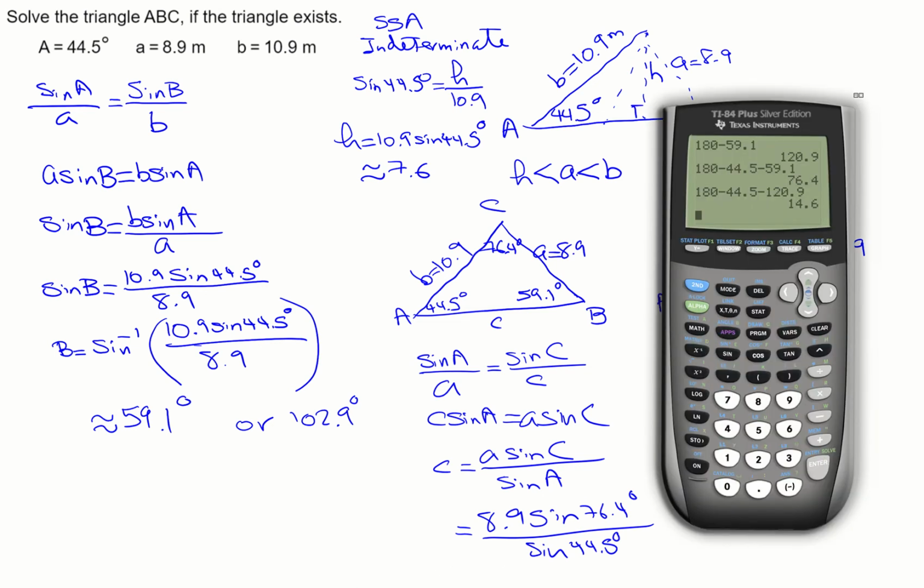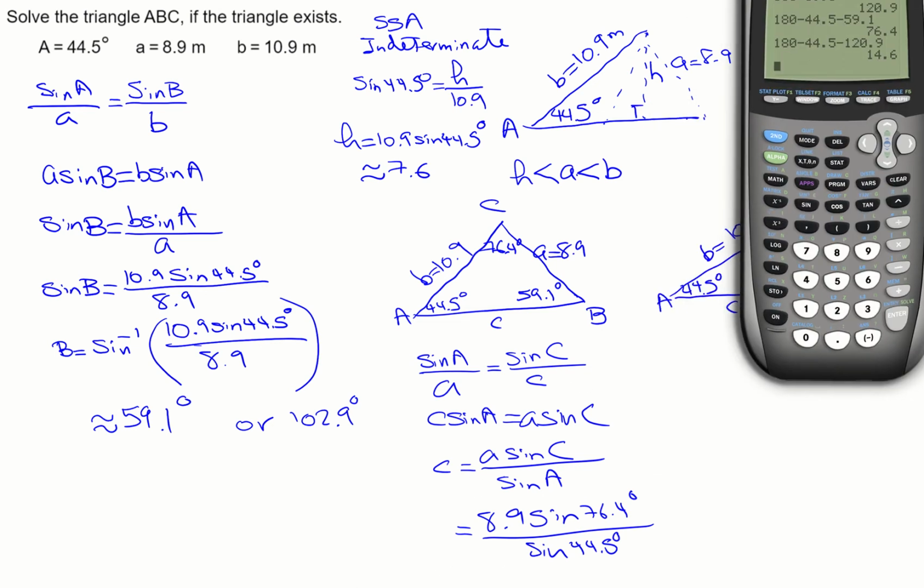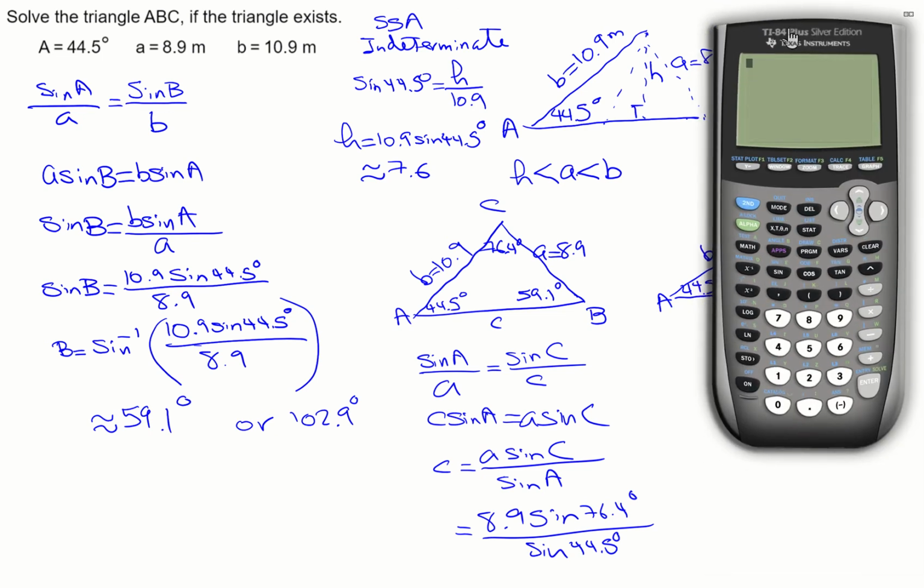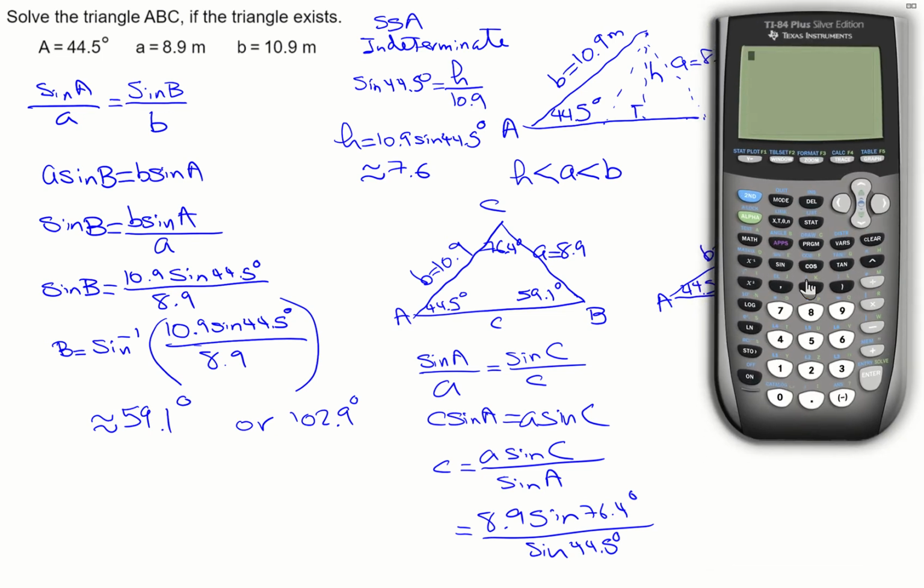This is easier, so we're just going to type 8.9 sine of 76.4.